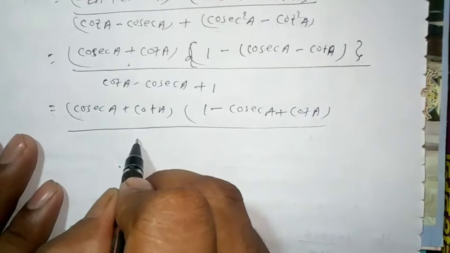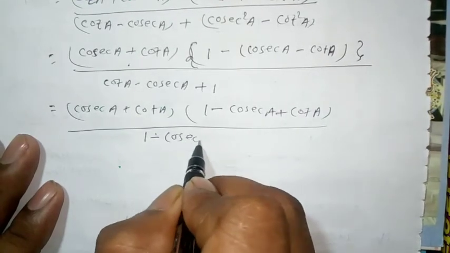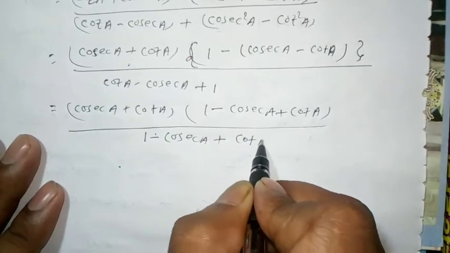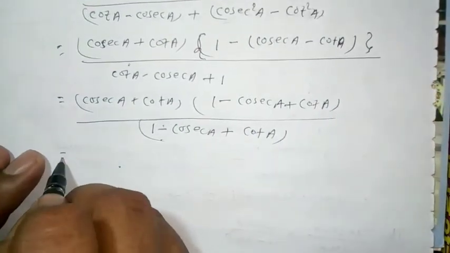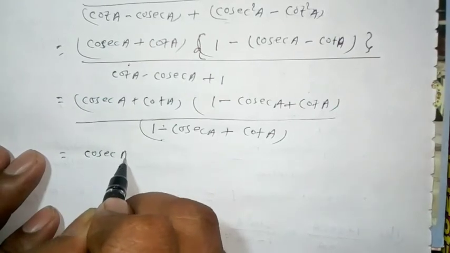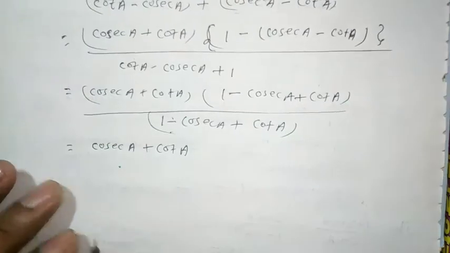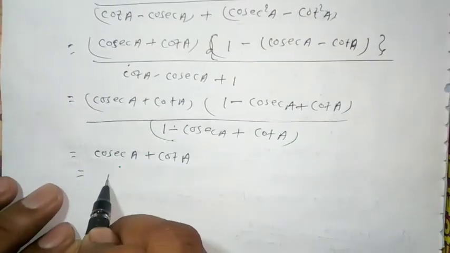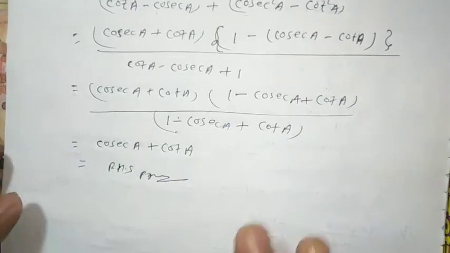Now arrange, then we get 1 minus cosec a plus cot a. This is the same, so cancel, then we get cosec a plus cot a is equal to RHS. Proved.